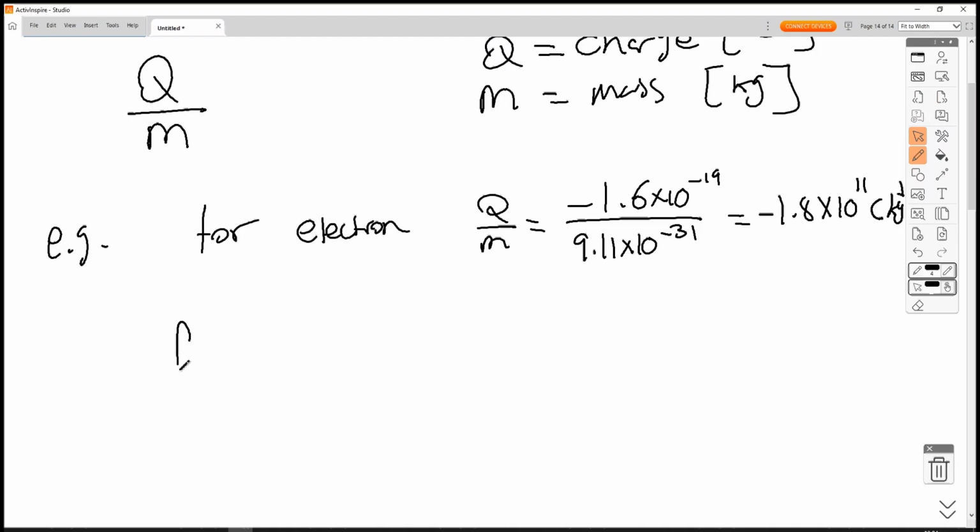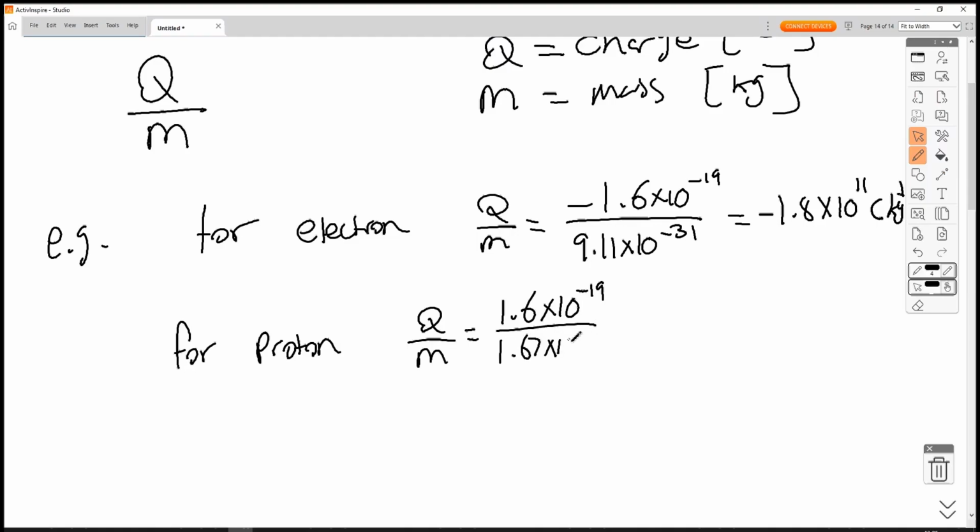For a proton, we do charge over mass: 1.6 times 10 to the minus 19 divided by its mass, 1.67 times 10 to the minus 27. About 9 point something. Someone calculates it.